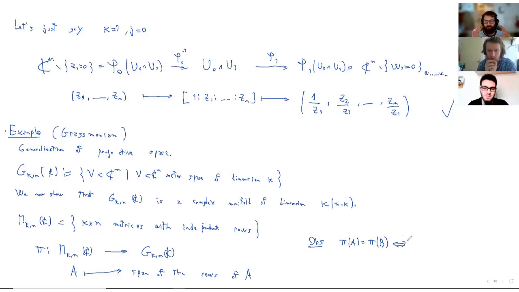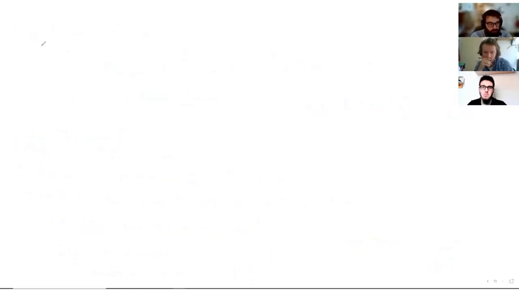Basically, when the rows of A can be expressed as a linear combination of the rows of B. And this is equivalent to saying that there exists a matrix g in GL(k), not GL(n), but GL(k), such that gA is equal to B. So this is saying that you're rearranging the rows of A. So we can think of this Grassmannian as the quotient.